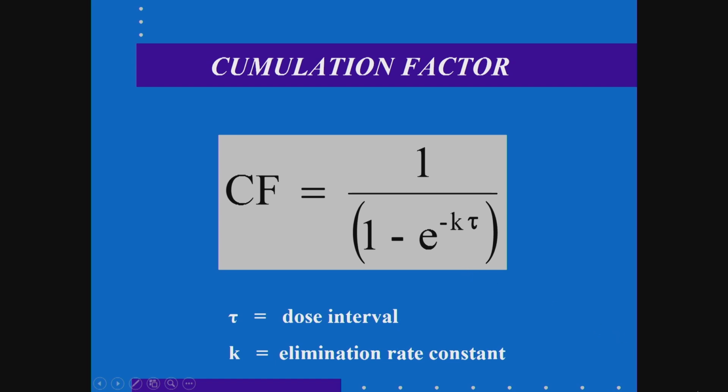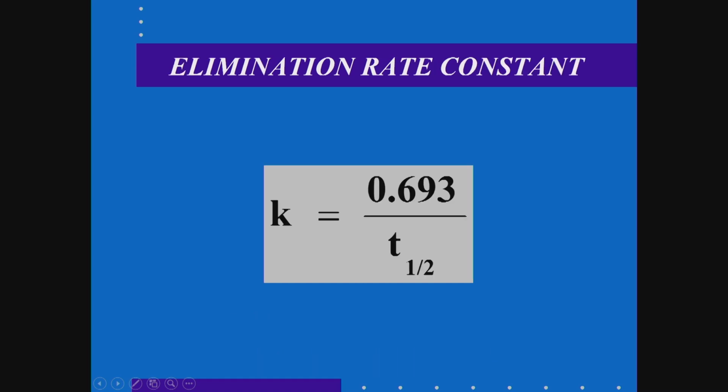Now, you can find the derivation of this and other equations in your textbook. And once again, the elimination rate constant that we showed in the equation for the accumulation factor is estimated as the natural logarithm of 2 divided by the elimination half-life.